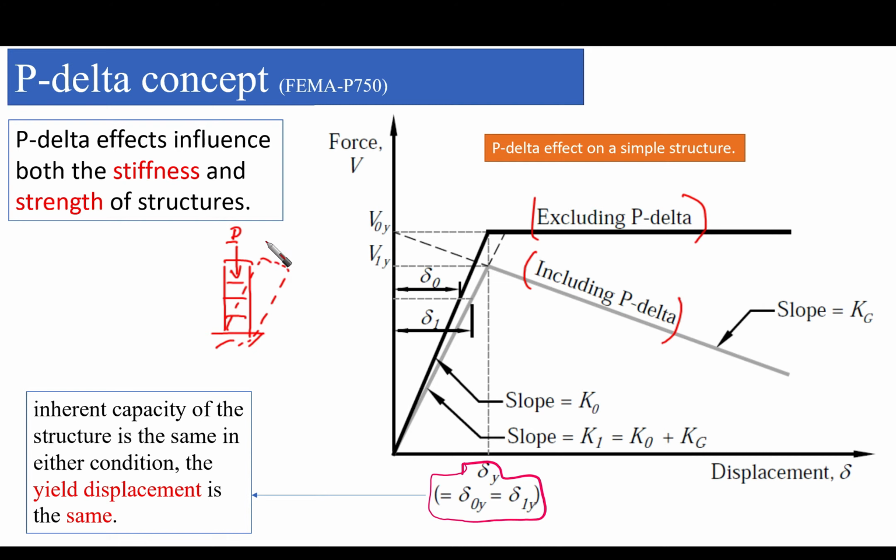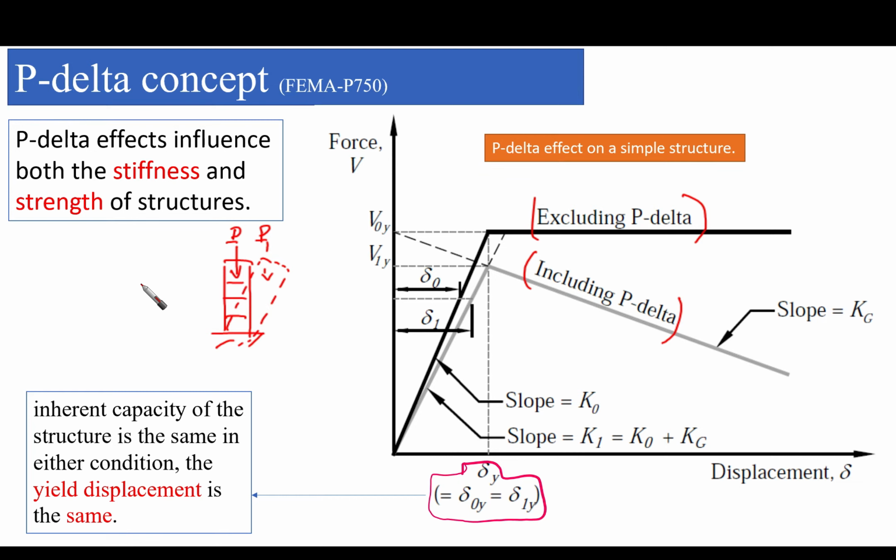We are afraid that this vertical load P is going to make additional moment and straining actions on the members that are going to resist this, which is the main resisting system.